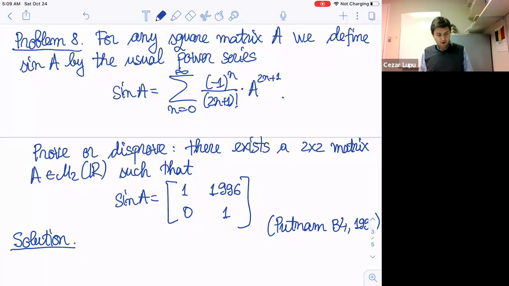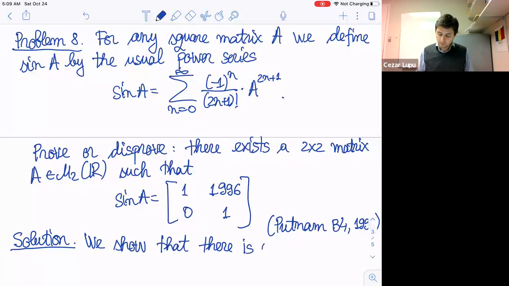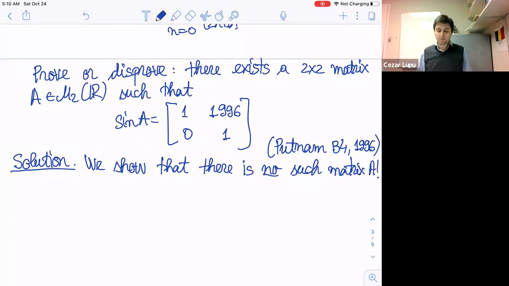So the trick is the following. First of all, let's see the question. It says prove or disprove. Well, we will disprove. We will show that there is no such matrix, no 2 by 2 matrix A such that sine of A is that matrix.